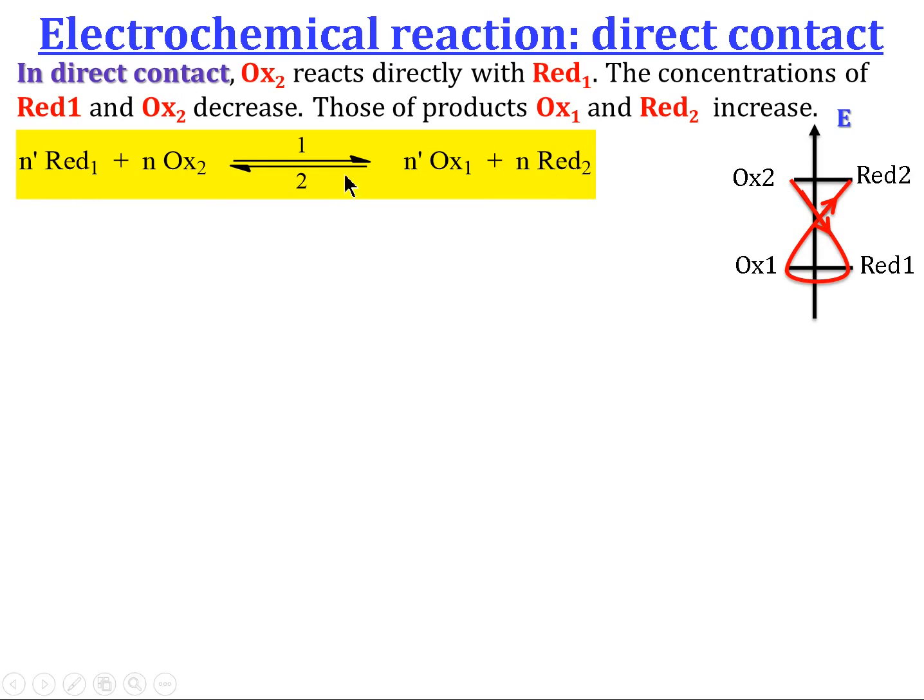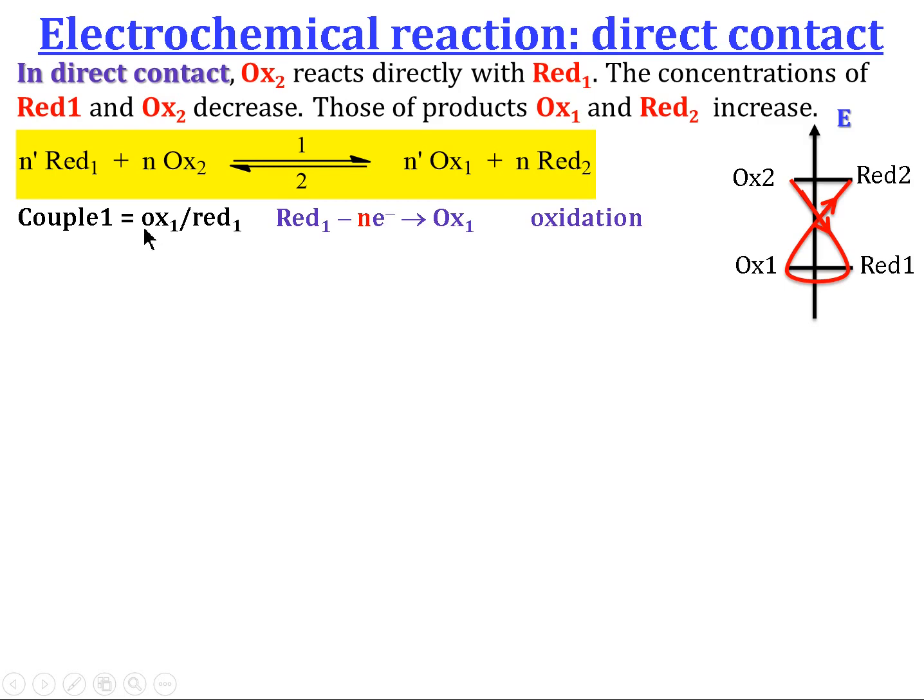If we divide this global reaction into two half reactions, we will obtain the transformation of Red1 to Ox1. So Red1 minus n electrons gives Ox1, and this is an oxidation.